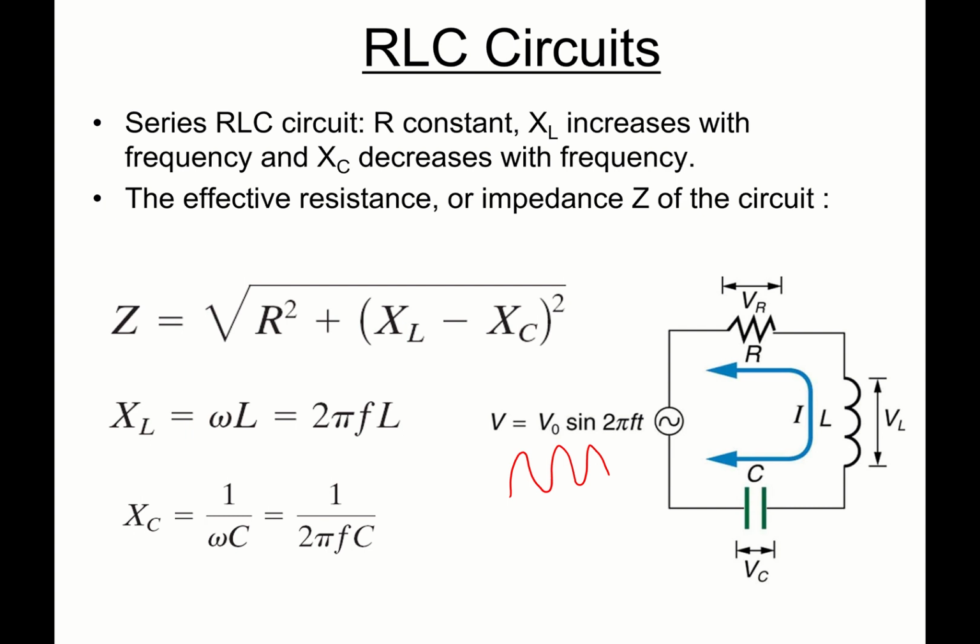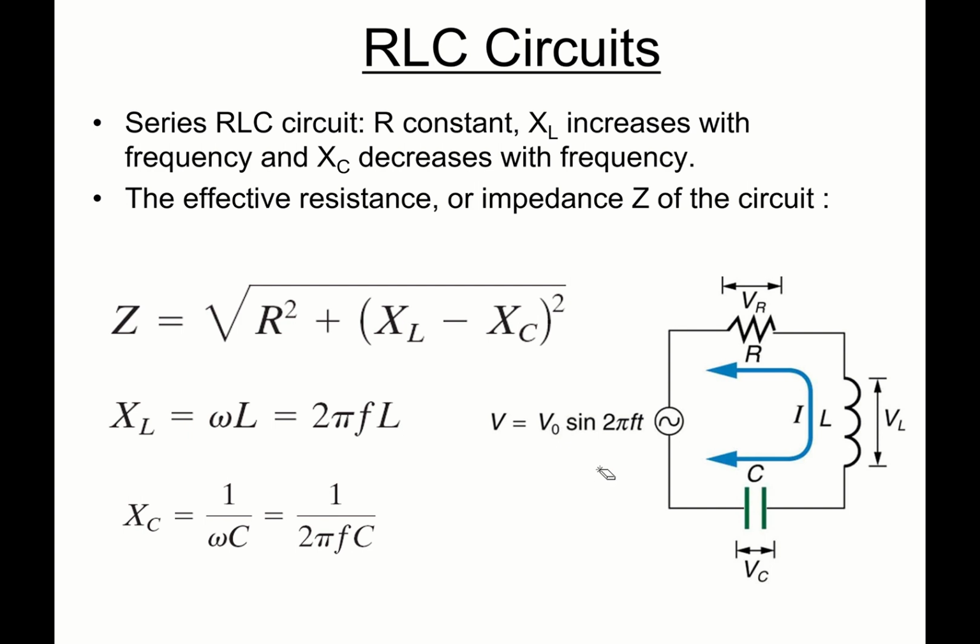So if I put them all together, we have a constant resistance from the resistor. The inductive reactance XL increases with frequency, and XC, the capacitive reactance, decreases with frequency.